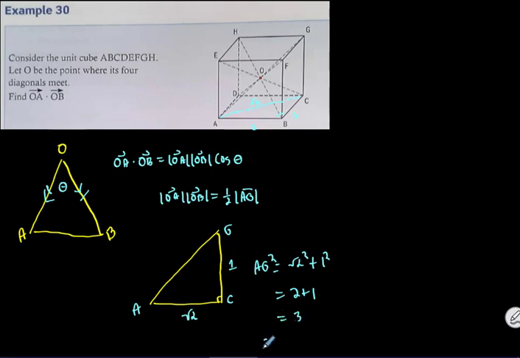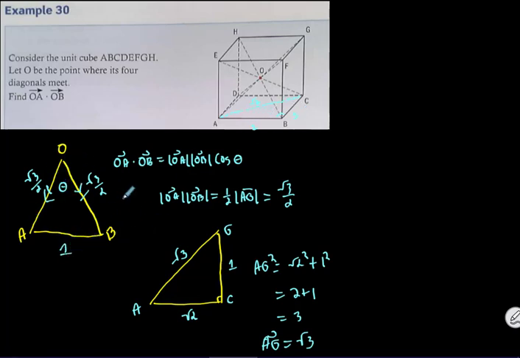Then take the square root, and AG is equal to the square root of 3. So now I know this is the square root of 3. Half of AG is root 3 over 2. So both these sides are root 3 over 2, and AB is length 1.